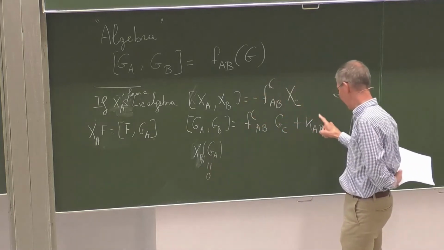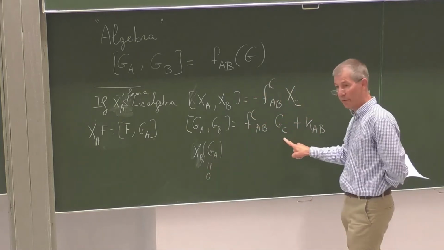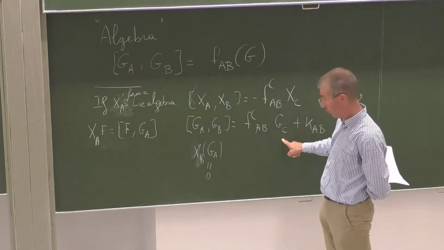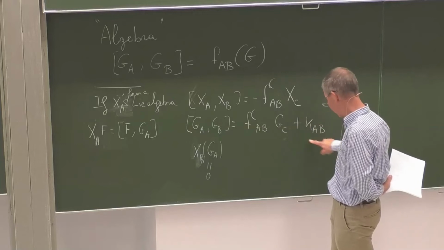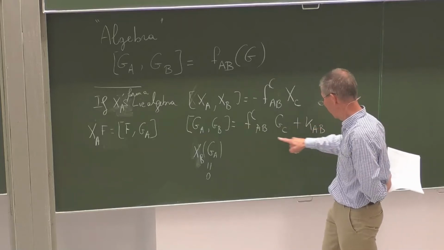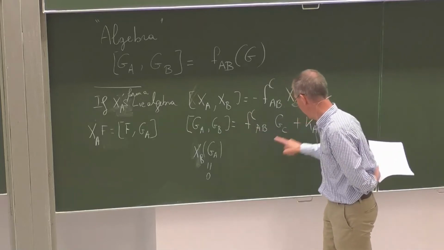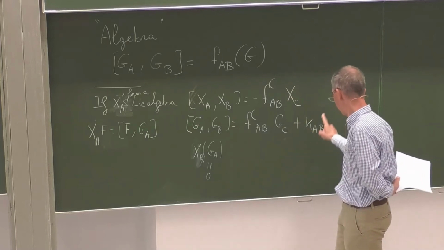And that tells you that K_AB is equal to zero, because this is equal to zero on the background. So this is an equality, and these are charges that do not depend on the fields. So when I go to the background, I evaluate that on the background, and you get K_AB.